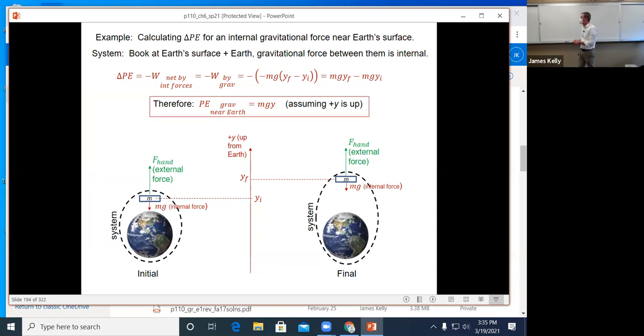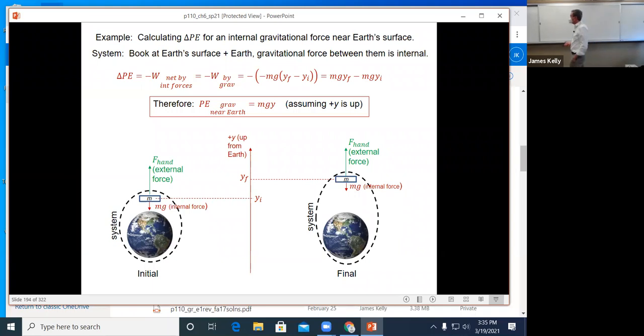The gravitational potential energy is the mass times little g times its y coordinate. And we'll find out it doesn't matter where you measure y from. You can measure y from the floor, you can measure y from anywhere. But the important thing is that plus y has to be up. We derived this formula by assuming that plus y was up from Earth.